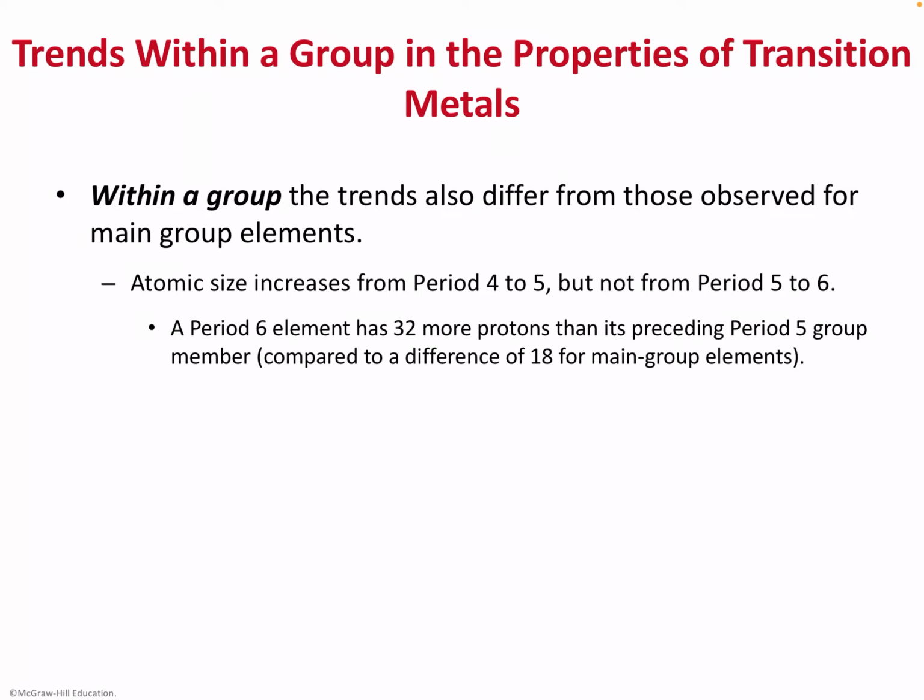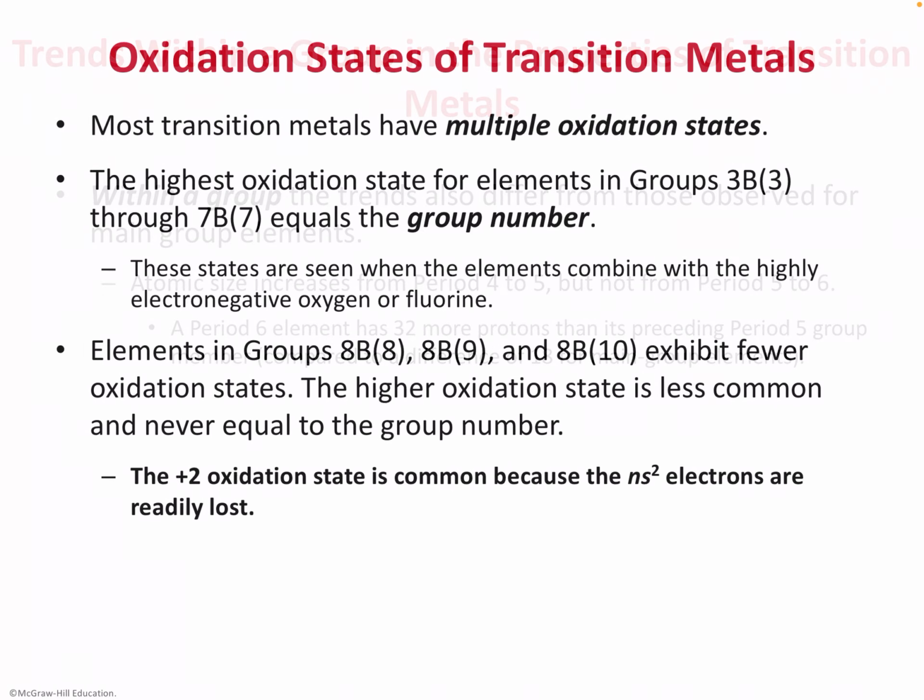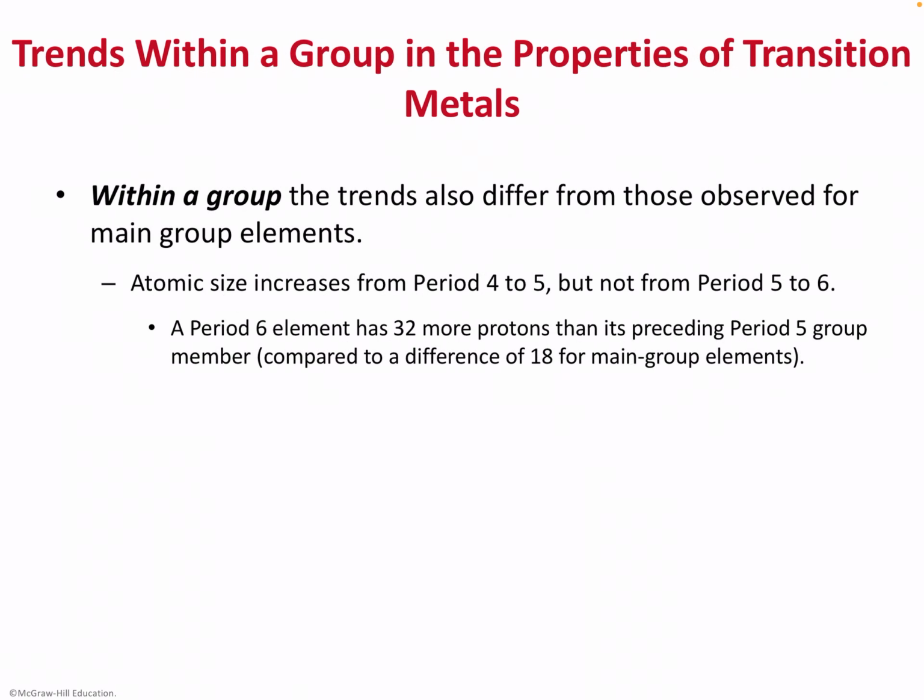So there is a big difference. Okay, so there's not much of a difference from period 5 to 6 in terms of the size. Okay, we'll talk about oxidation states in the next session.